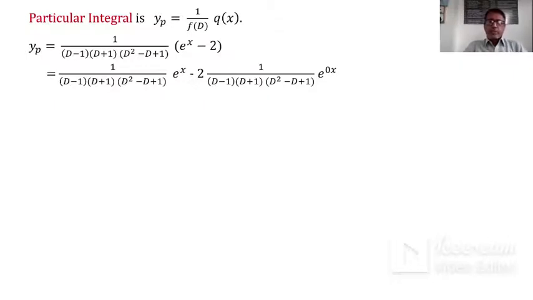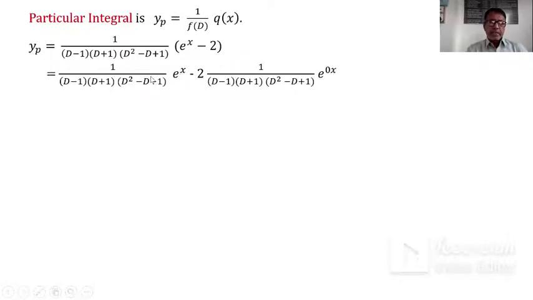First, we operate this factor on e to the power x, and then we operate the other factor. We write this minus 2 as minus 2 into e to the power 0x. e to the power 0x is 1. And then we take minus 2 constant outside of this operator, and we operate this on e to the power 0x.